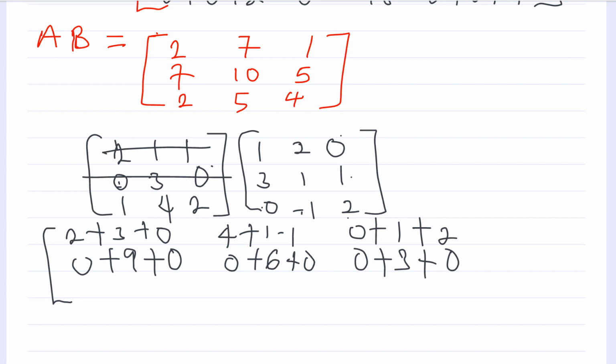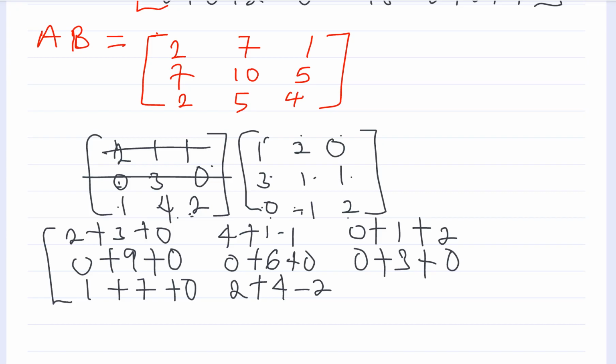So 1 times 1 is 1, 4 times 3 is 12, 2 times 0 is 0. Are you seeing that now? Then what else? 1 times 2, 2, plus 4 times 1, 4, plus 2 times negative 1, negative 2.